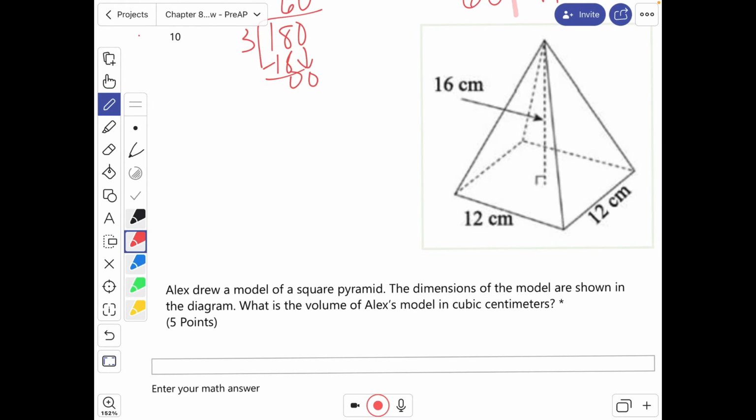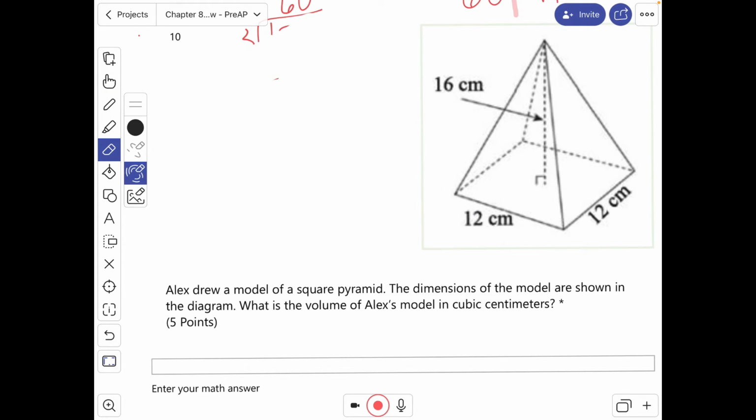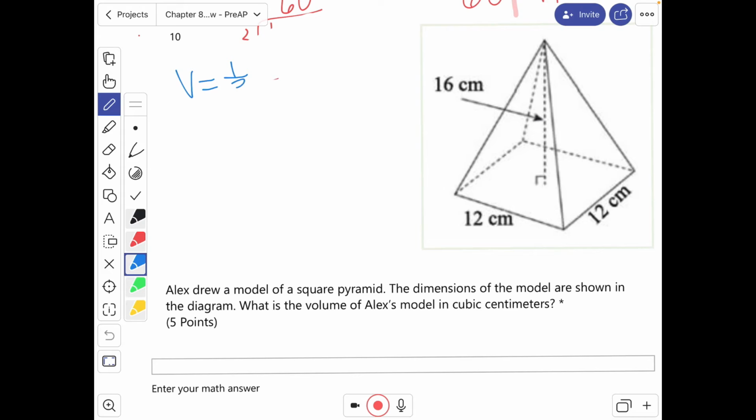Number 10. Alex drew a model of a square pyramid. The dimensions in the model are shown in the diagram. What is the volume of Alex's model in cubic centimeters? Since we're finding volume of a pyramid, that formula is 1/3 area of the base times the height.